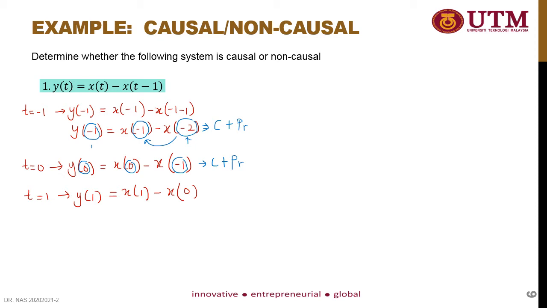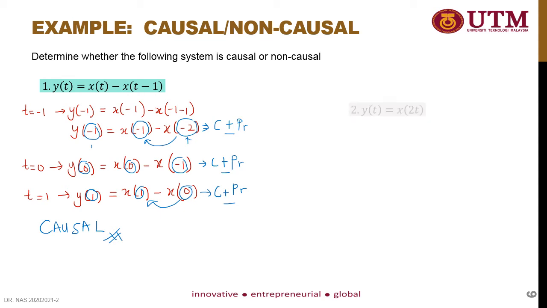The 1 is the current state, and the 0 is still lower than 1, so it's the previous state. So when you have combinations of current and previous state, the system is causal because there's no future state.